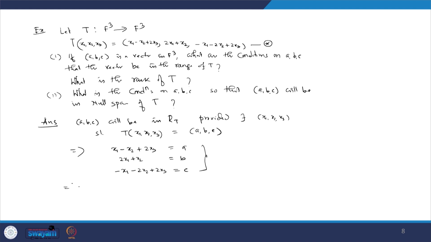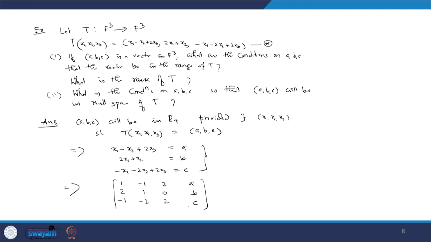So, if I write this in augmented form, I have 1, minus 1, 2 and a; 2, 1, 0 and b; minus 1, minus 2, 2 and c.